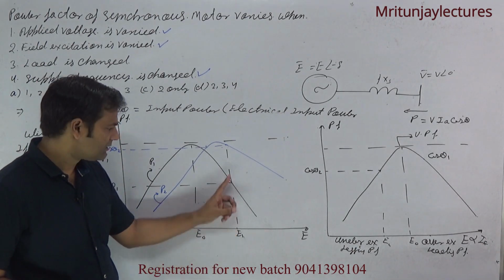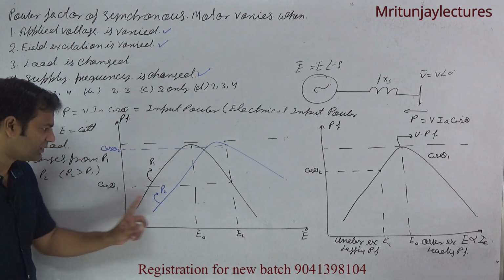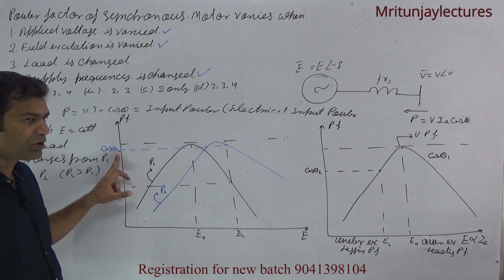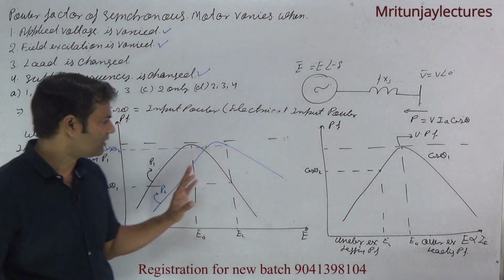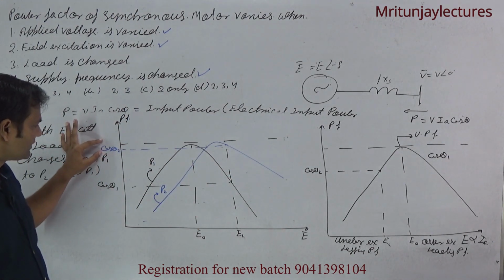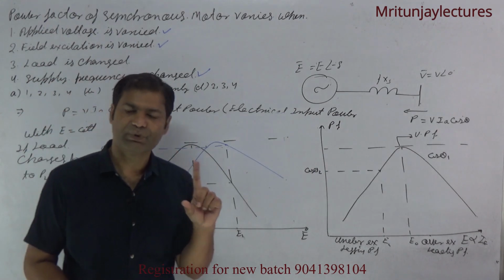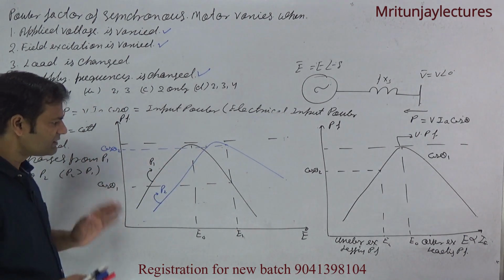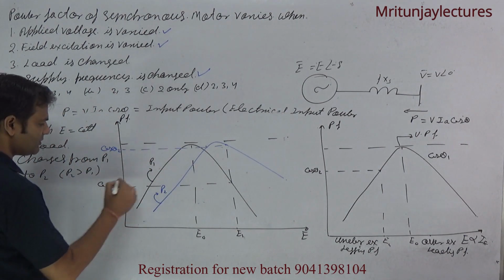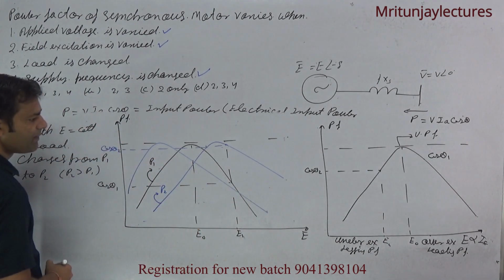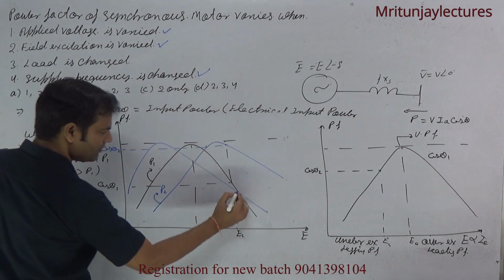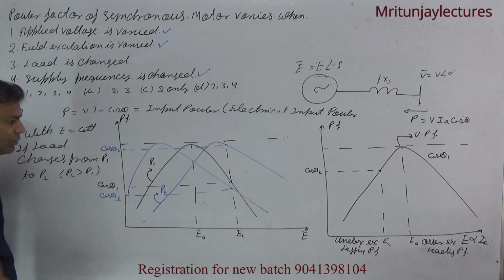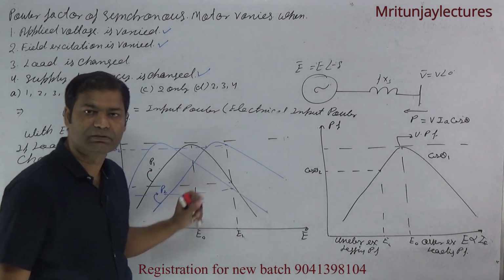Corresponding to this E, this one gives power factor cos theta 1 leading, and this one gives power factor cos theta 2 leading. Of course, this power factor is better than the other, but corresponding to the question, whether it changes or not, it changes. Otherwise, if load decreases to P3, like this, what about E? Here it is cos theta 3, poor, compared to the previous value.